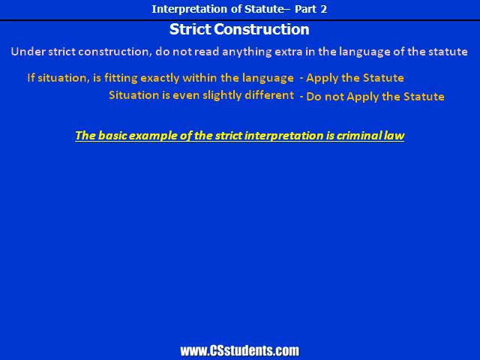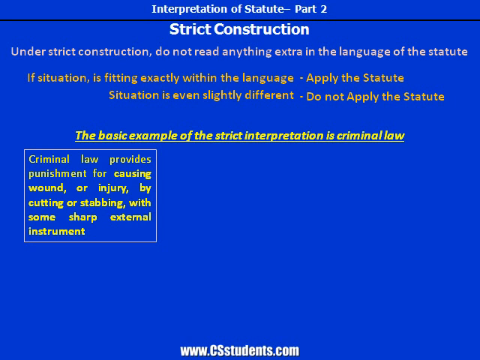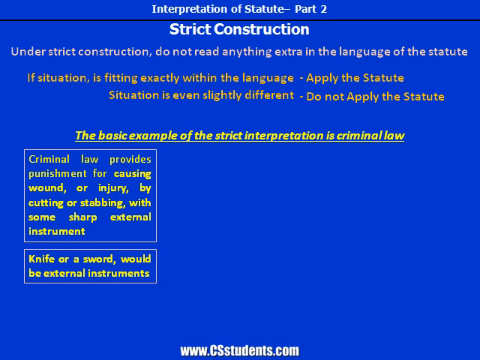The basic example of the strict interpretation is criminal law. Under the criminal law, until the accused is found guilty strictly as per the provisions of law, no punishment could be imposed. For instance, criminal law provides punishment for causing wound or injury by cutting or stabbing with some sharp external instrument. So, a knife or a sword would be external instruments.